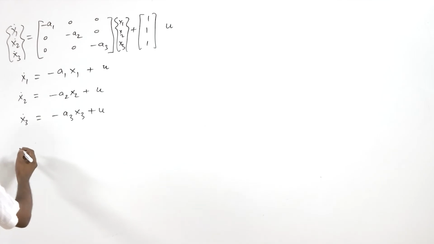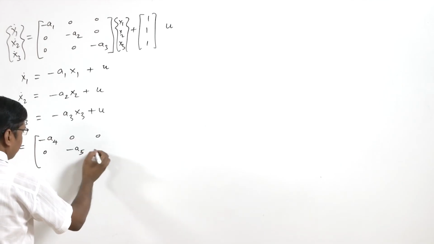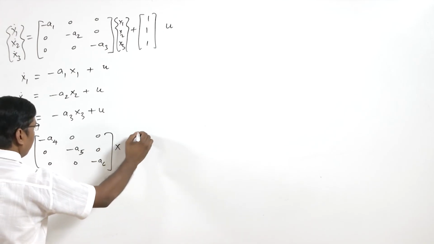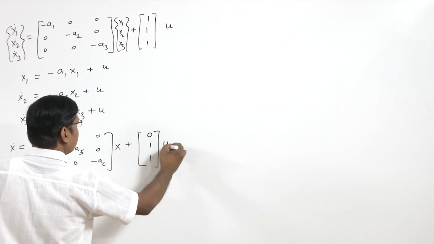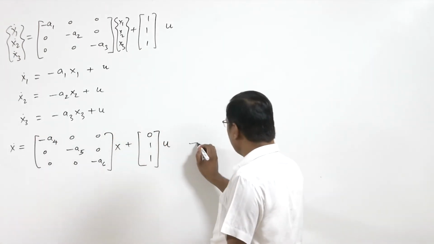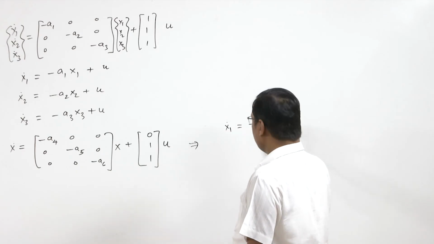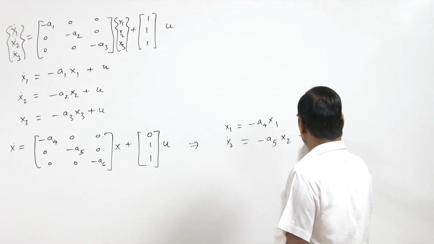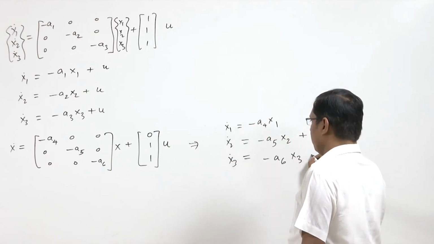Now we take another system, x dot equal to [minus a4, 0, 0; 0, minus a5, 0; 0, 0, minus a6] x plus [0; 1; 1] u. Writing this out, x1 dot equal to minus a4 x1, x2 dot equal to minus a5 x2 plus u, and x3 dot equal to minus a6 x3 plus u.